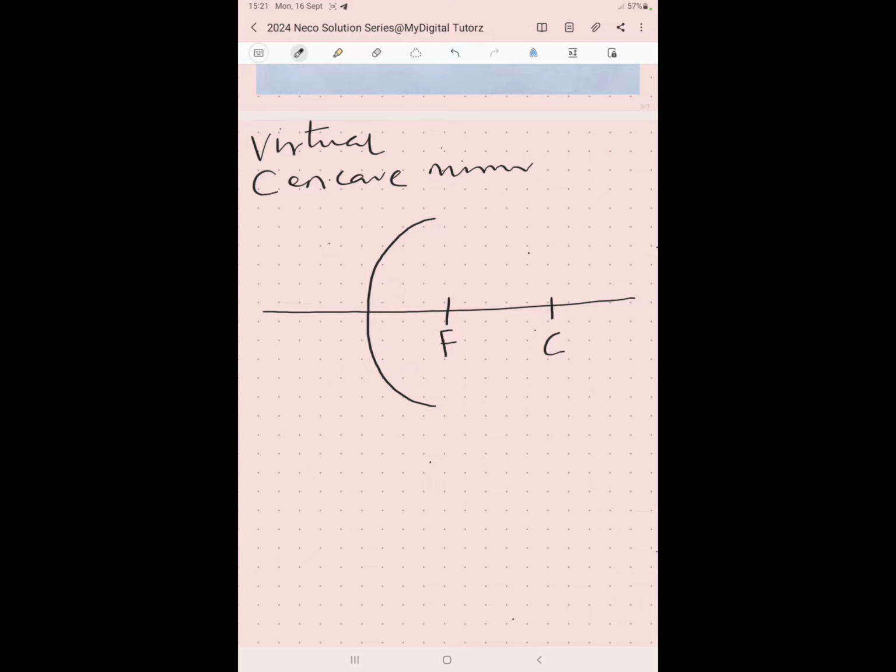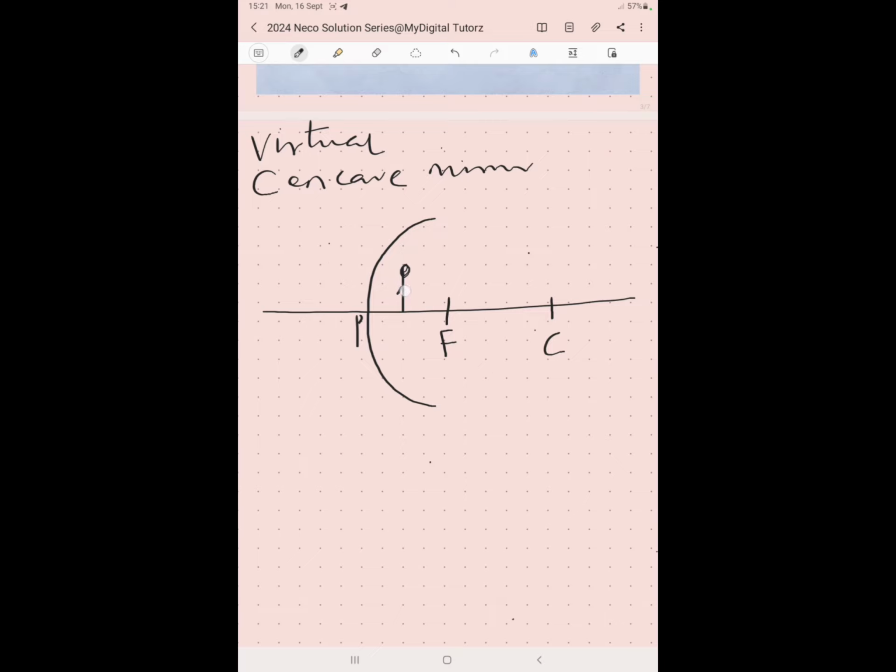Now, in a concave mirror, the only place where the image is virtual is when the object is between the principal focus and the pole of the mirror. So for it to happen like that, the man must be between the principal focus of the mirror and the pole.